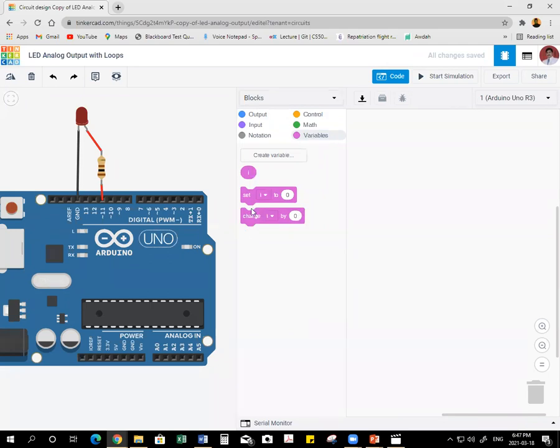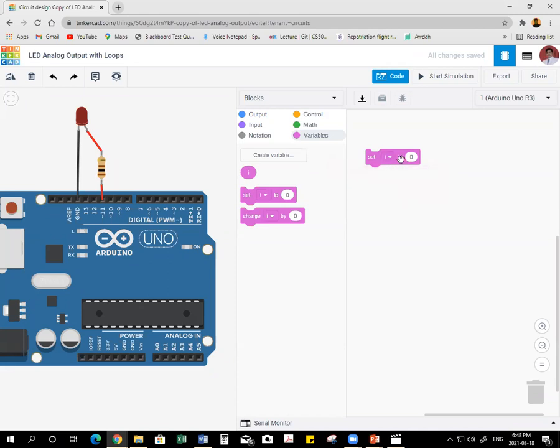Three blocks by default it will create every time. So now use this set I here. First set I to 0, because we want it to be by default in the off position. You can also delete the I variable or rename the variable, the option is there.